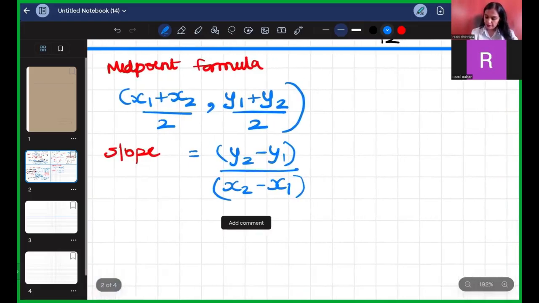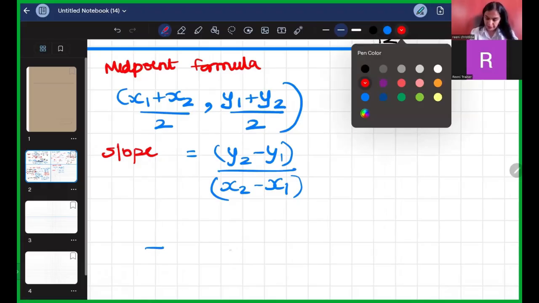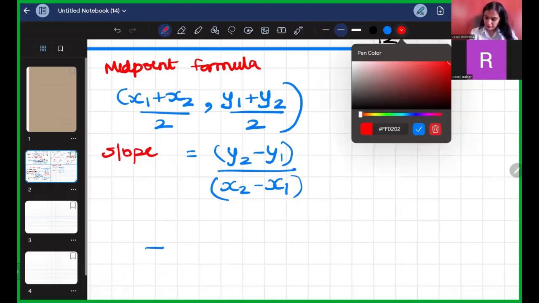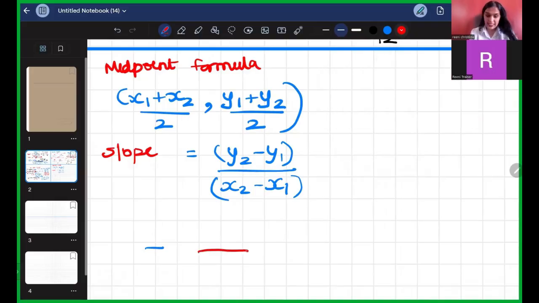Basically, for a unit change in x, so x increases by 1 unit, what is the corresponding unit change in y? This is nothing but the slope, right?